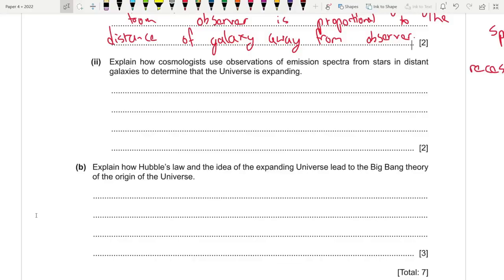This shows that the galaxy is moving away from us, or the universe is expanding, because if it wasn't expanding, the value would be the same. You learned this in AS physics: when an ambulance moves away from you, the wavelength increases and the frequency decreases, right? So that's redshift.